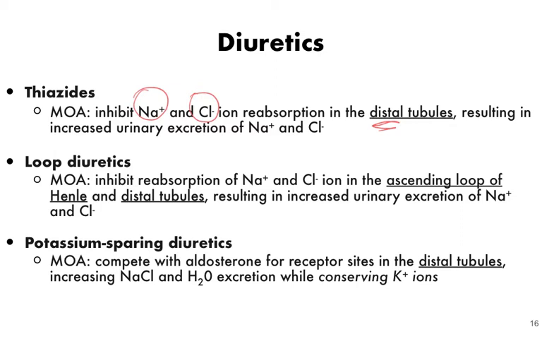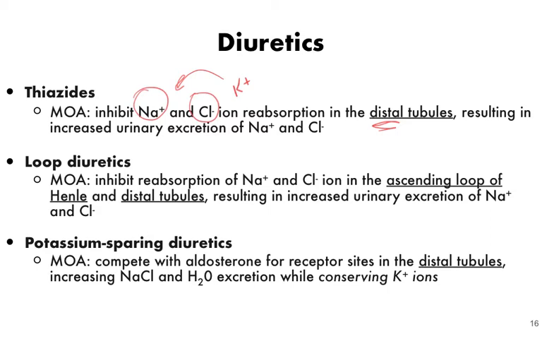More water in the urine means less water content in the blood and therefore lower blood volume and lower blood pressure. I will say that although it's not directly working on potassium ions, potassium also tends to be wasted with the thiazides because the body doesn't do a great job of distinguishing between sodium and potassium since they are both single cations.